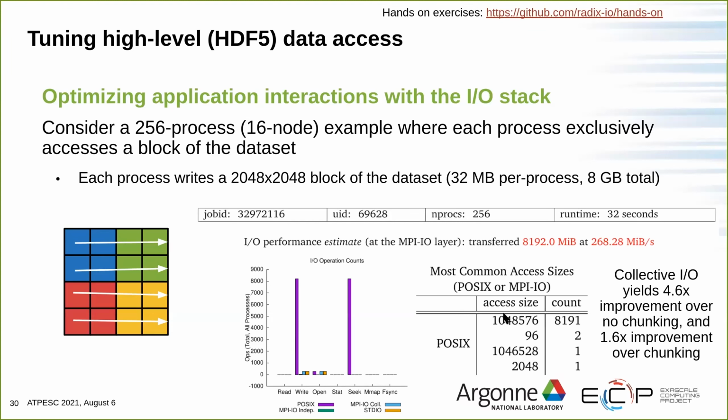It's really well optimized for things like Lustre. It knows how to construct the file system accesses to get the best performance. And in this case, you can see that the common access size is 1 megabyte, which is exactly what a Lustre stripe is. So it has a very Lustre-stripe-aware collective I/O algorithm that's able to get better performance even than our chunking optimization.